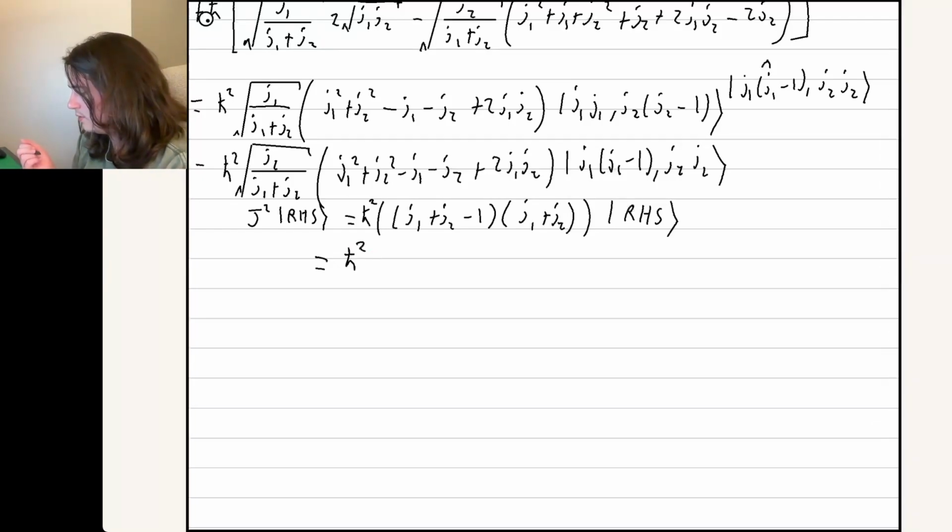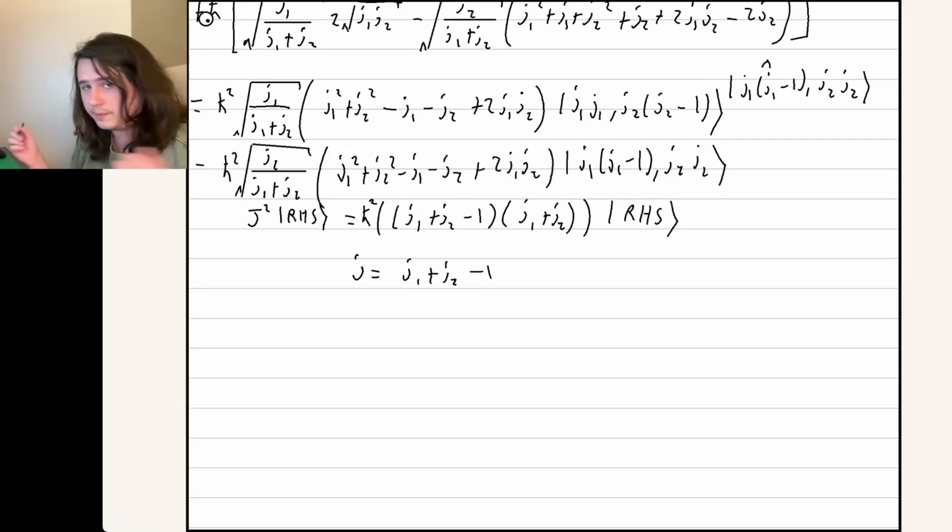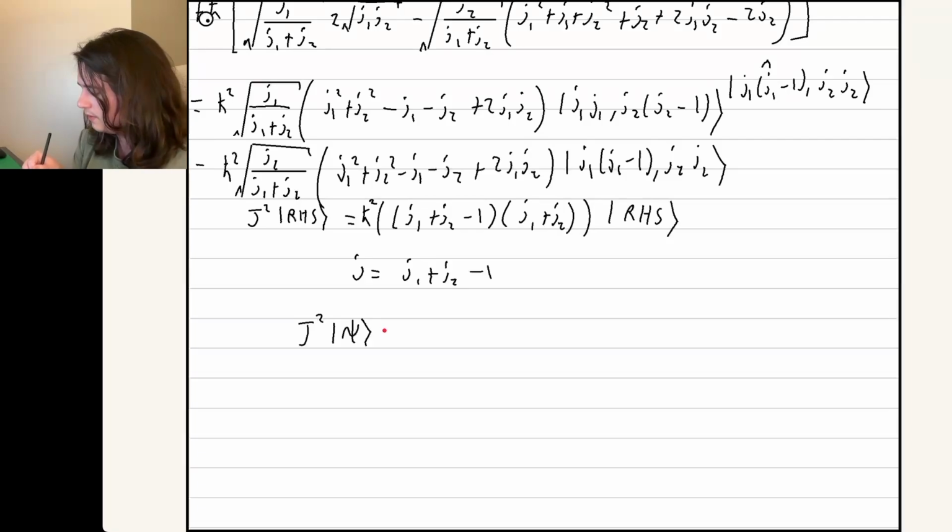I mean, that's pretty much it. So we're trying to prove that the total angular momentum J of the system is equal to J1 plus J2 minus 1. And we pretty much just did that, because remember the eigenvalues for J squared usually just give you J times J plus 1 times h bar squared on the state.